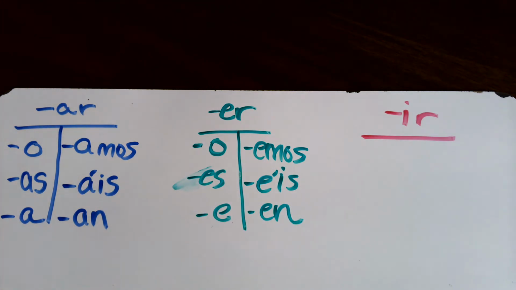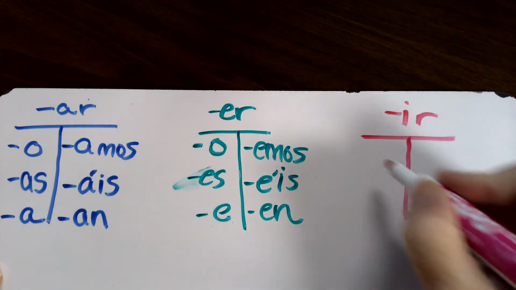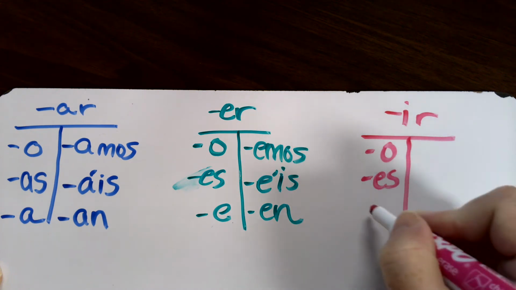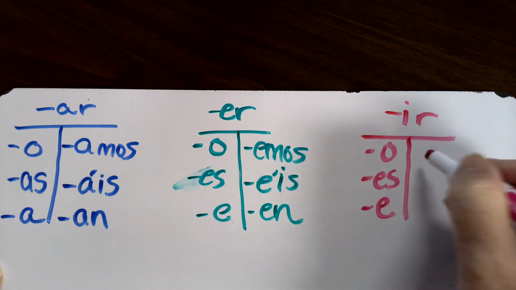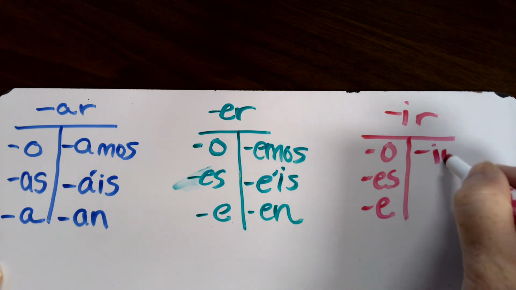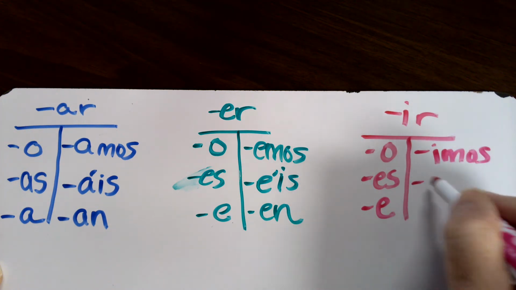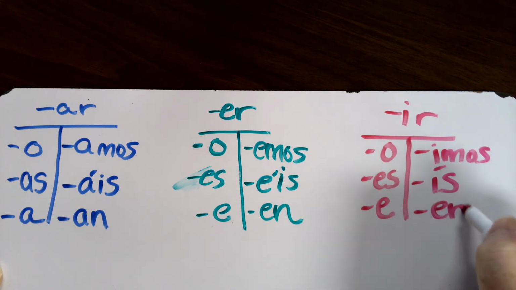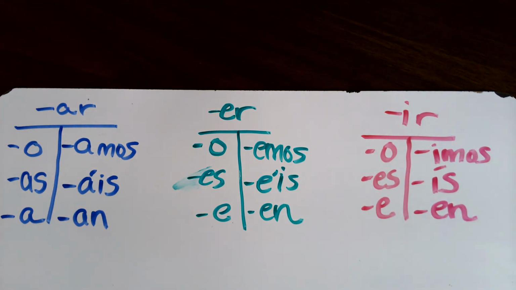And for my verbs ending in IR, in the yo form, the ending will be o. Tú will be es. Usted, él, ella will be e. Nosotros will be imos. Vosotros will be ís. And ustedes, ellos, ellas is en.